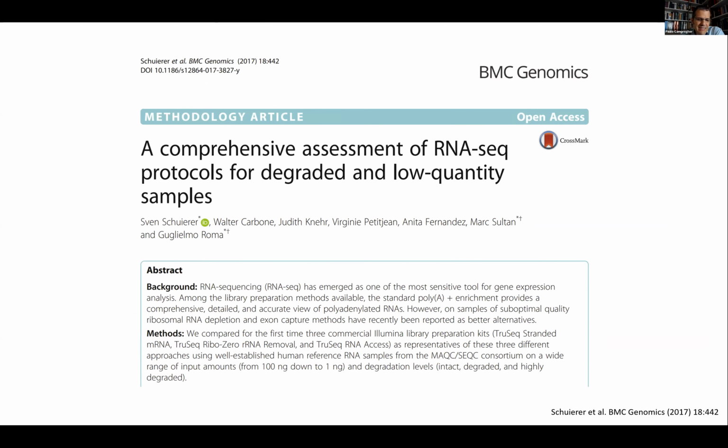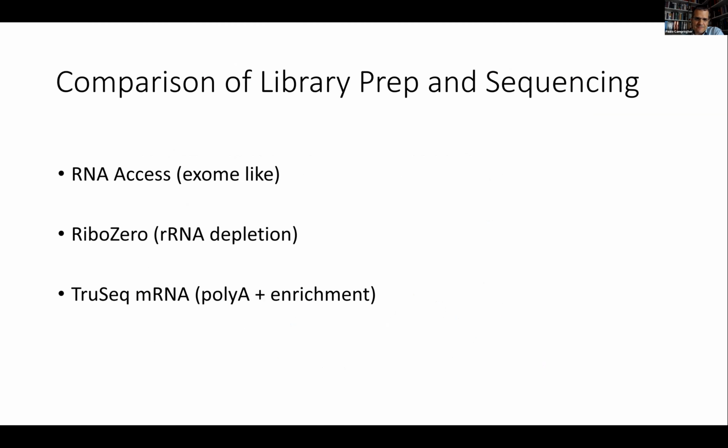And actually, in this case, not really gene fusions, they were more interested in what approach would capture mostly exons, right? So they studied the protocol called RNA access. It's exome-like, so you have hybrid capturing of the exons of the genome. Ribo-Zero, that will be a ribosomal RNA depletion method, and TruSeq mRNA, that will be a poly-A enrichment.